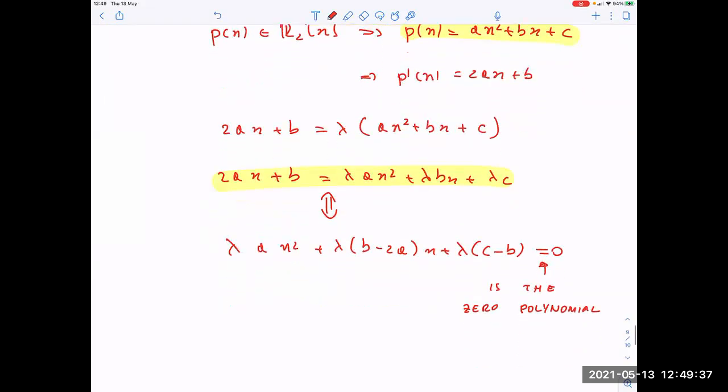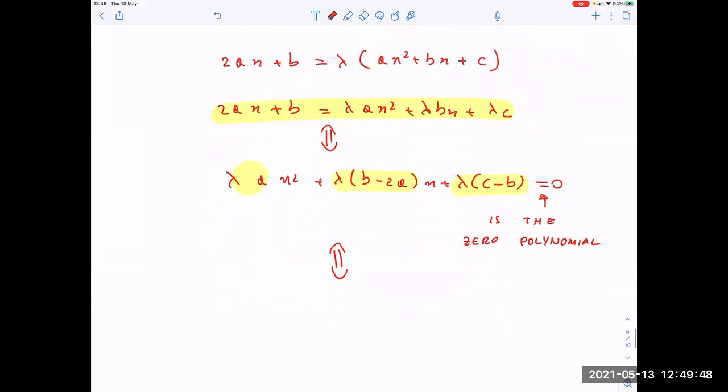And to be the 0 polynomial, we know that all the coefficients must be 0. So this happens if and only if lambda a is 0, lambda b minus 2a is 0, and lambda c minus b is 0.